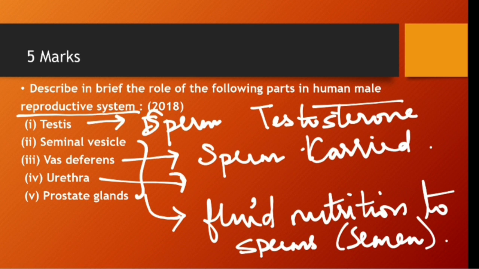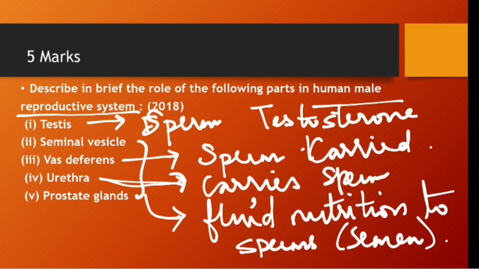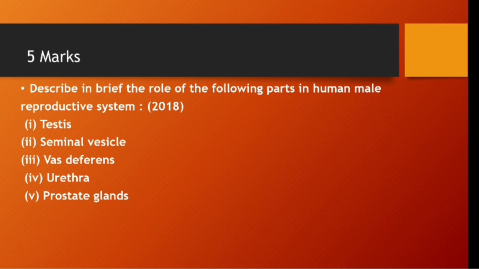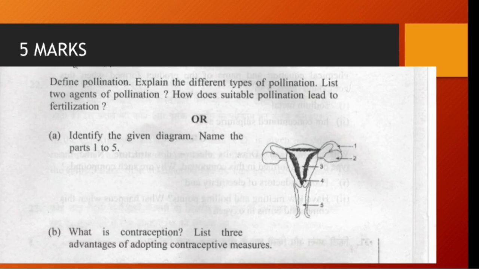This is the pipe where the vas deferens gets connected, and the fluid released from the prostate and seminal vesicle moves through the urethra, and this carries the sperm towards the penis. This also I've explained with a diagram in my video. You can just go and watch it there. Alright. Now moving on to the next question.